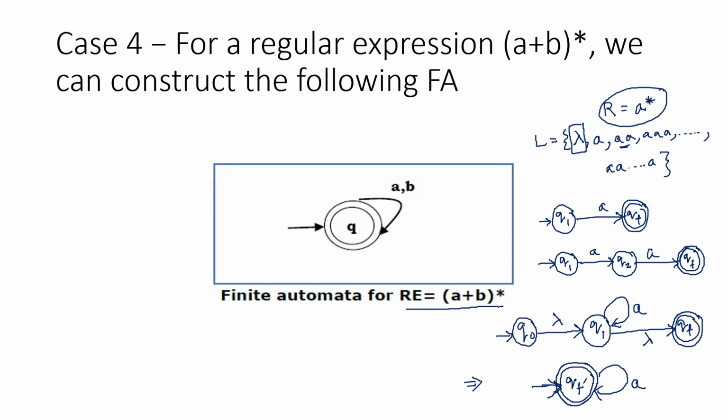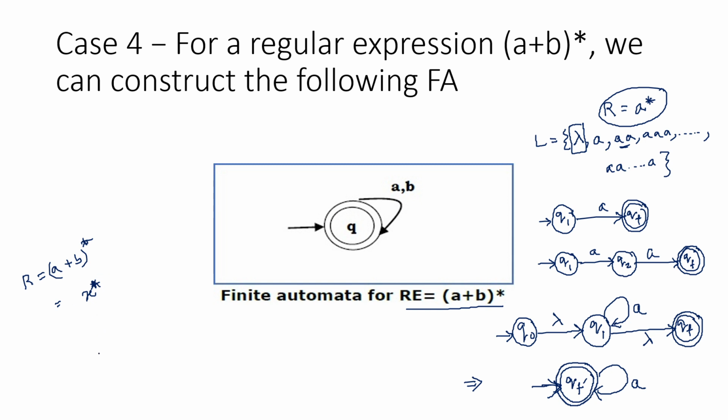But there is no difference between (A plus B) whole star and A star. The reason is that, first of all, you can assume R equal to (A plus B) whole star as, say, X star.